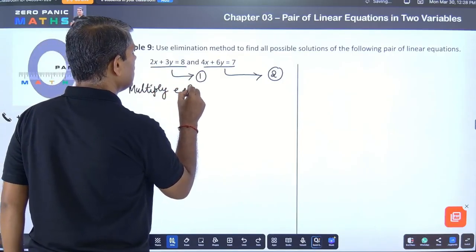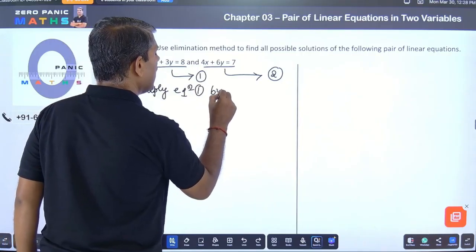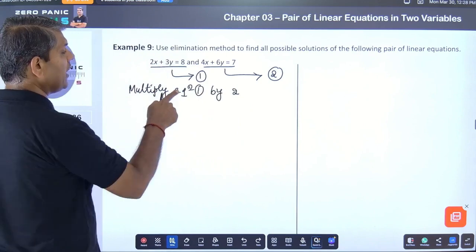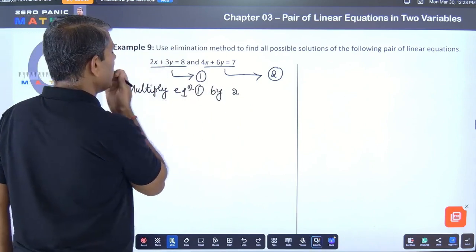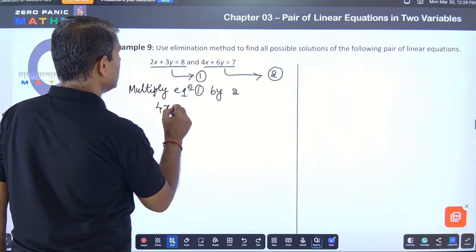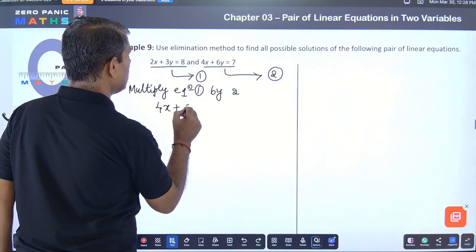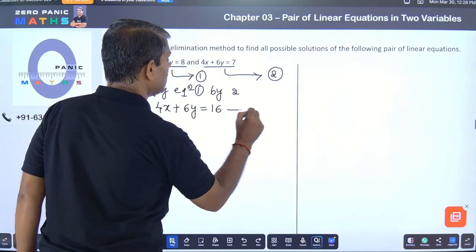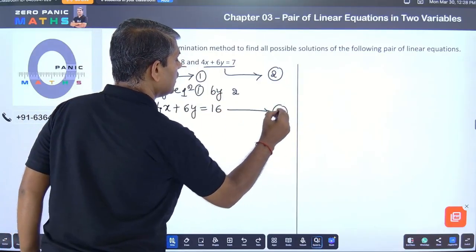Multiply equation 1 by the value 2. So what does it give me? 2 into 2x is 4x, plus 2 into 3y is 6y, plus 2 into 8 is 16. Let us call this equation 3.